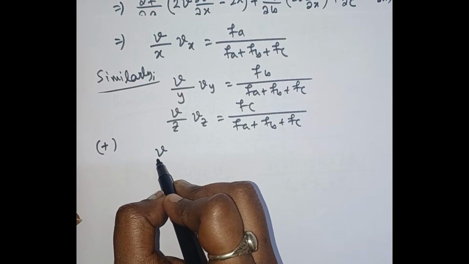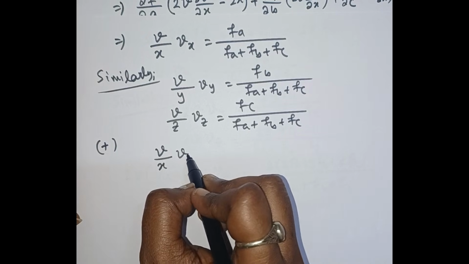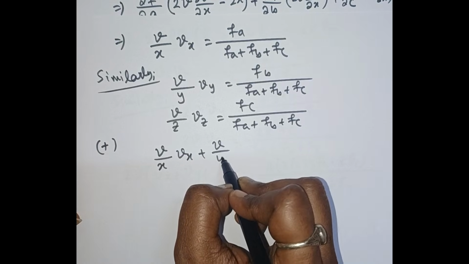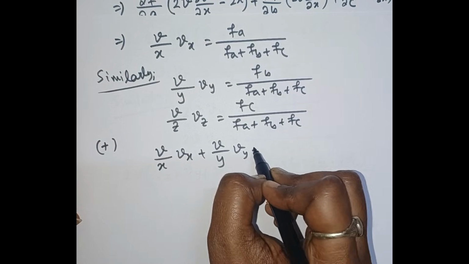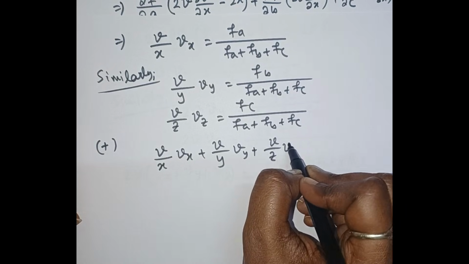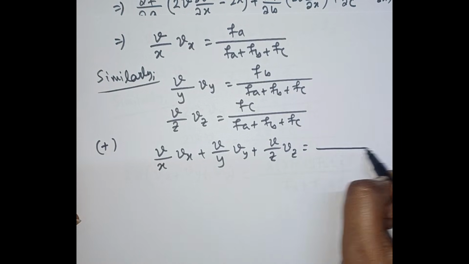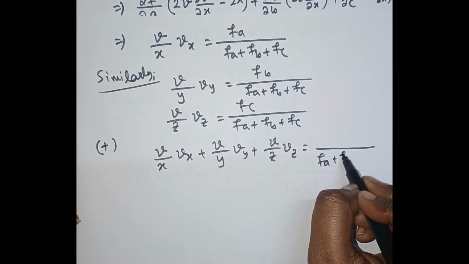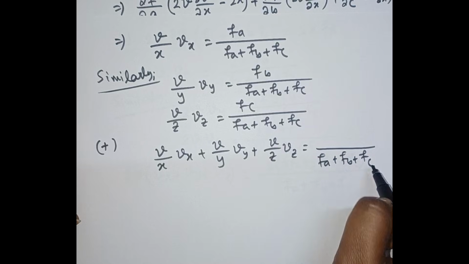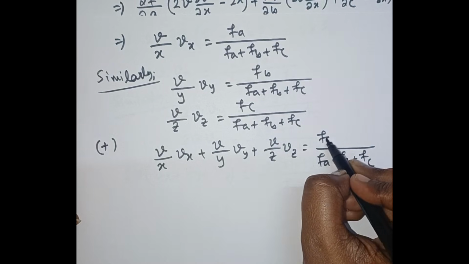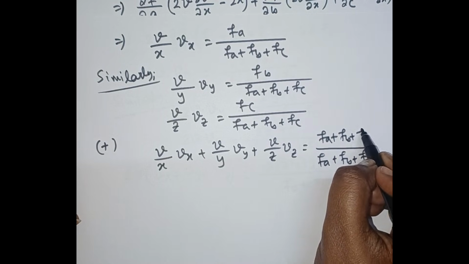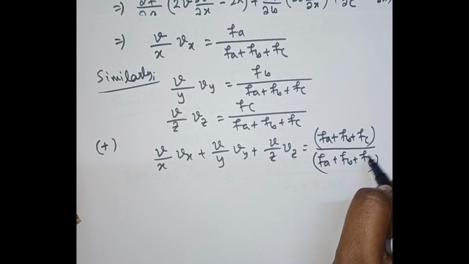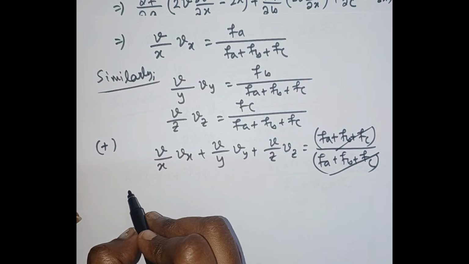So if we add all these, then v by x, vx plus v by y, vy plus v by z, vz equal to, the right hand side LCM is fa plus fb plus fc, and the numerator will be fa plus fb plus fc. So cancel out, it will be 1.